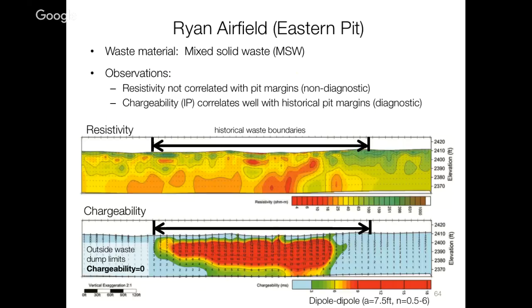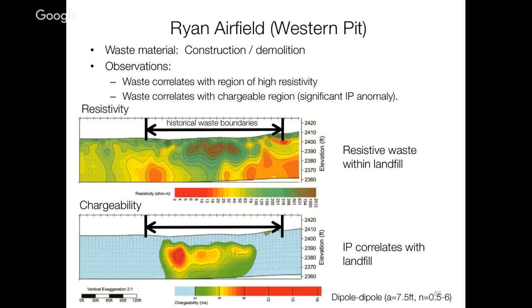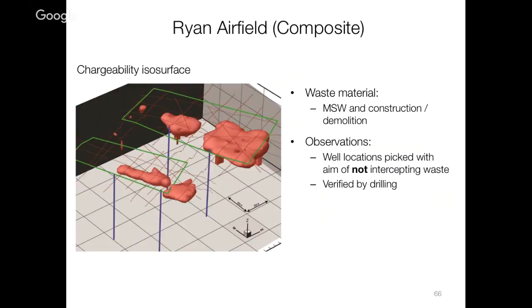That's a mixed solid waste, and it seems to be correlated with the historical limits of that waste dump. If you look at a different area, the western pit, now this has construction debris, and here's the historical boundaries. So this is now really resistive, like the wallboard, stuff like that. But if you look at the IP, then again, there's a pretty good indicator there.